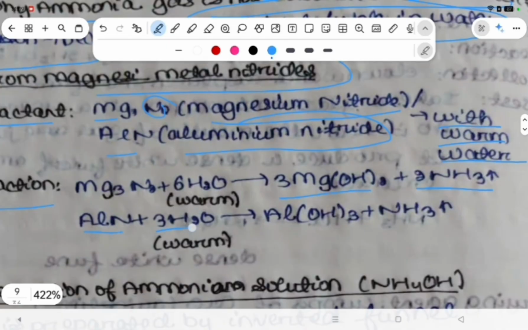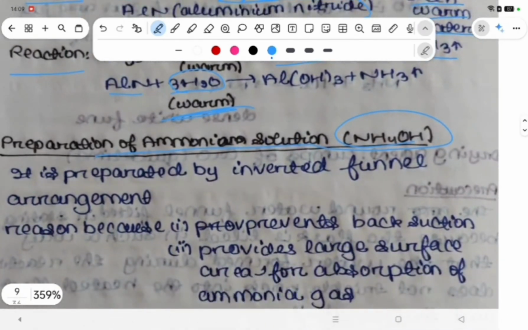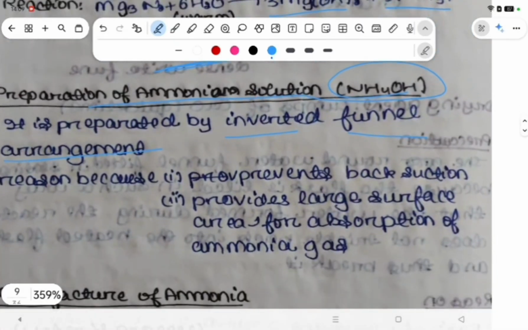AlN plus 3H2O, with warm water, gives Al(OH)3 plus NH3. Preparation of ammonium hydroxide solution NH4OH is done by an inverted funnel arrangement, because it prevents back suction and provides a large surface area for absorption of ammonia gas.